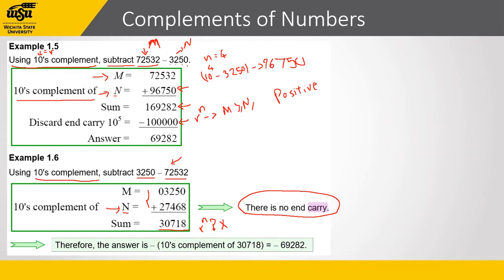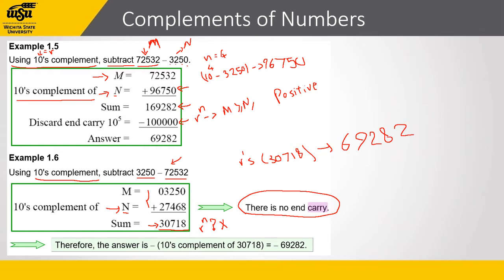Following the third step in the previous slide, we can obtain the answer in a familiar form by taking the r's complement of the sum, 30,780, and then putting a negative sign in front of it. The r's complement of this number is equal to 69282.